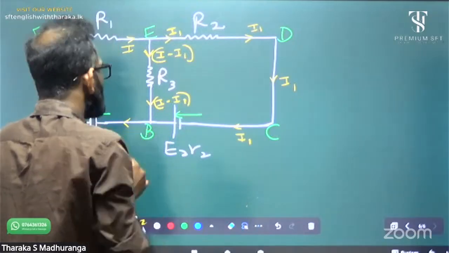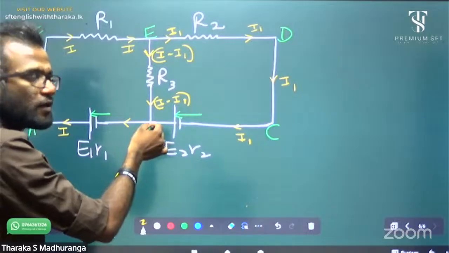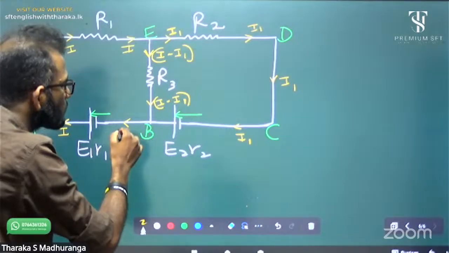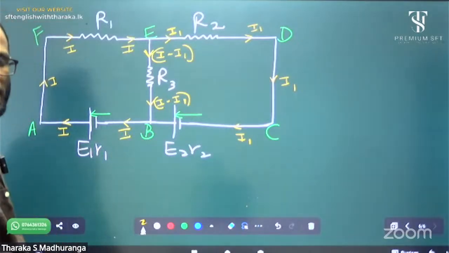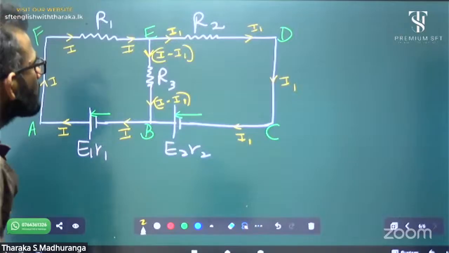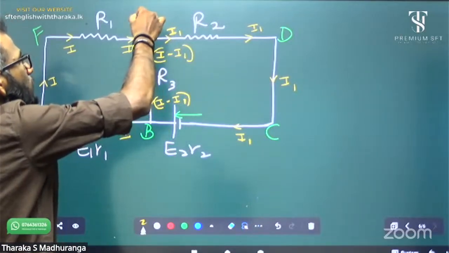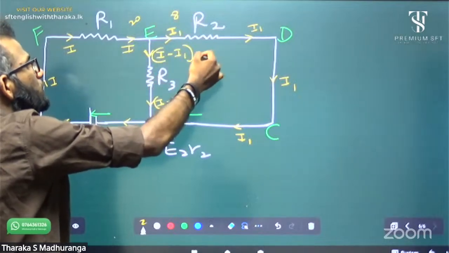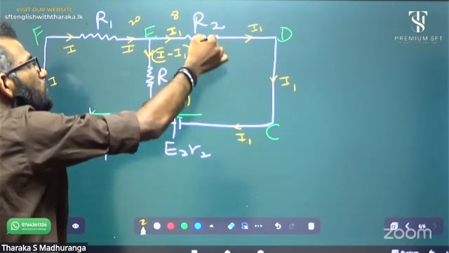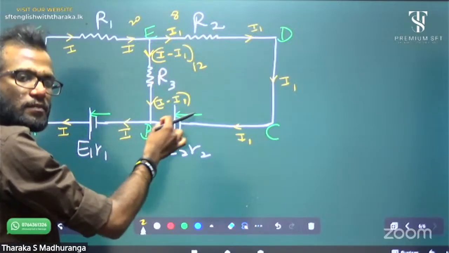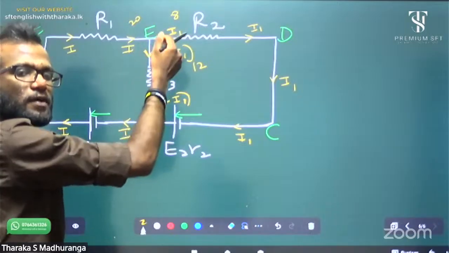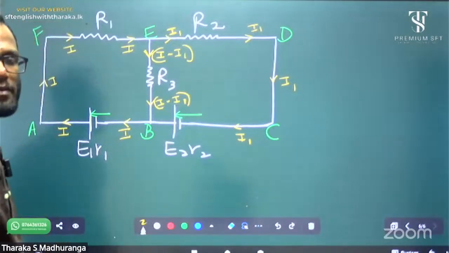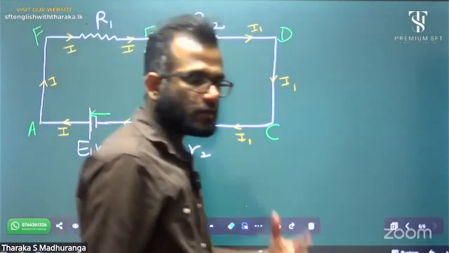Now again, B is another junction. Then I minus I1 and I1 come together again to the same value, I. As an example, if I is 20 and I1 is 8, then I minus I1 is 12. Then 8 and 12 come to the same conductor, 12 plus 8 is 20. It is again I. Okay, that's the circuit.